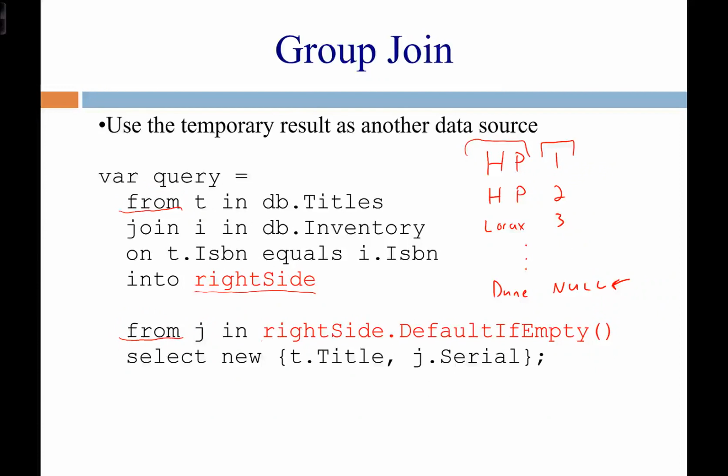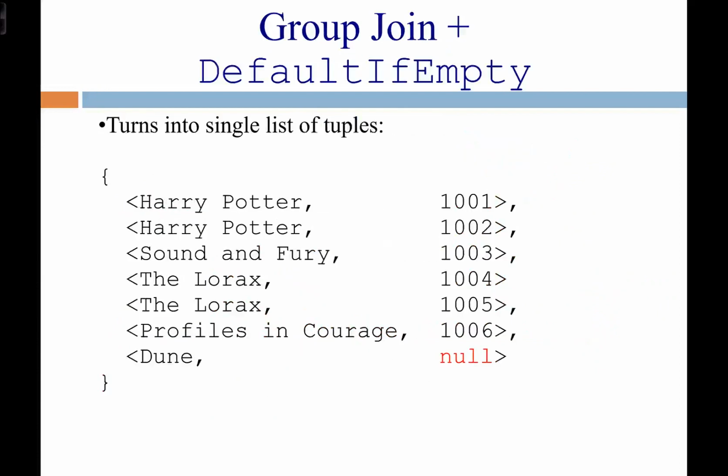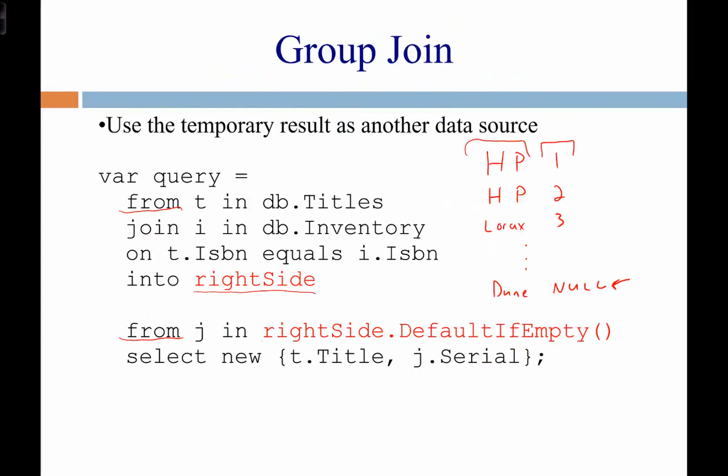So what this turns into is a single level list of matching titles with serial numbers. So remember that nested loop. Let me go back and show it. I am selecting from that nested loop. I am selecting t.title and j.serial, where j is every object in that temporary data source, including nulls for the empty serial numbers.